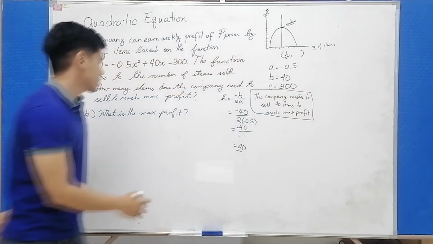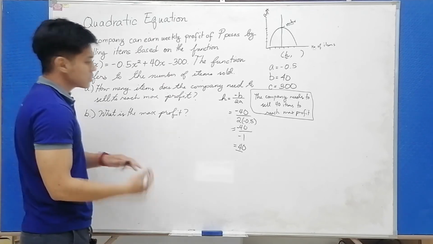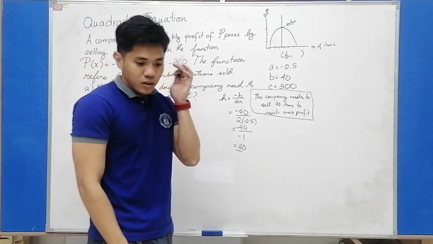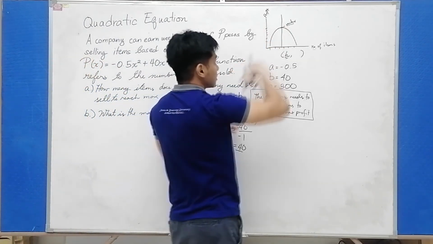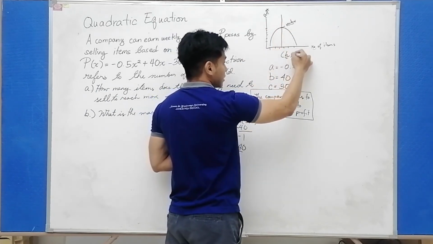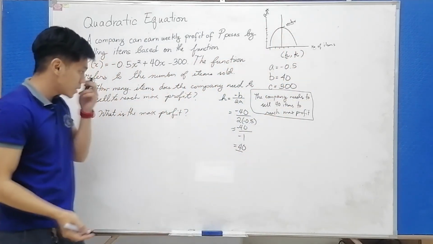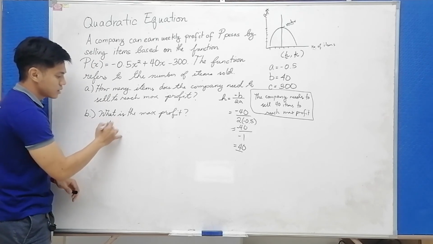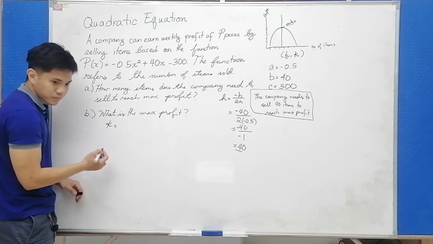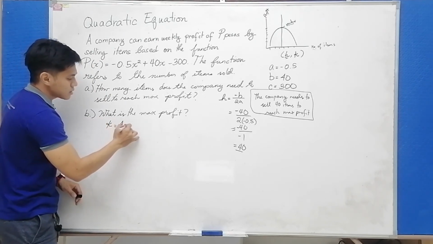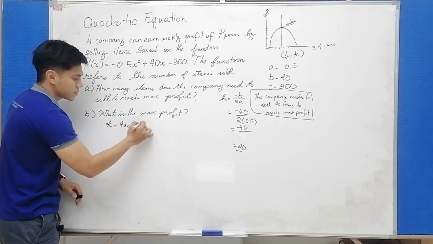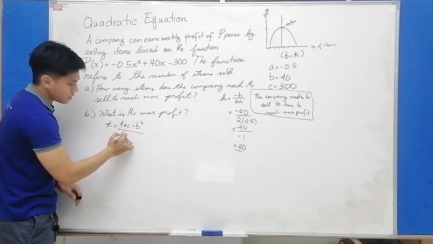So for our second answer, what is the maximum profit? The maximum profit will be our k value. So we can use the formula for k. k is going to be, again, the same formula, 4ac minus b squared all over 4a.